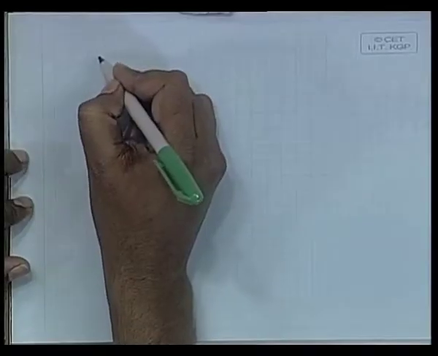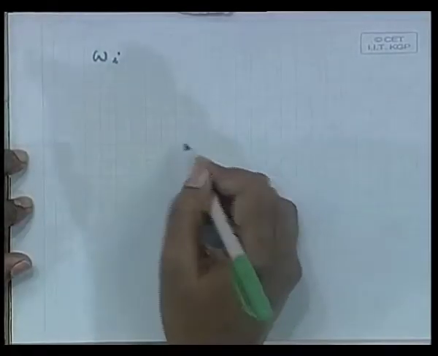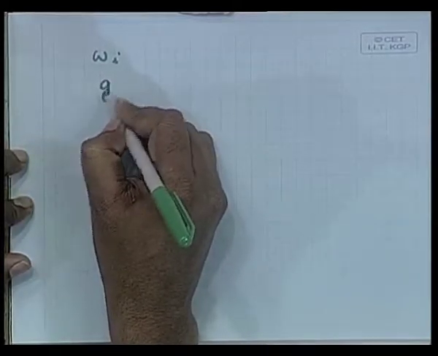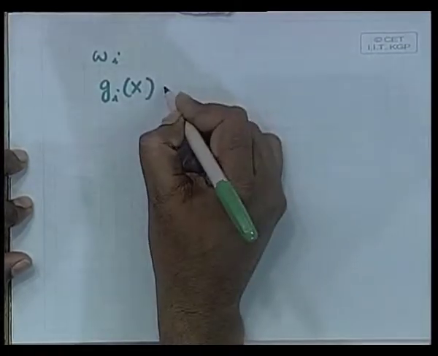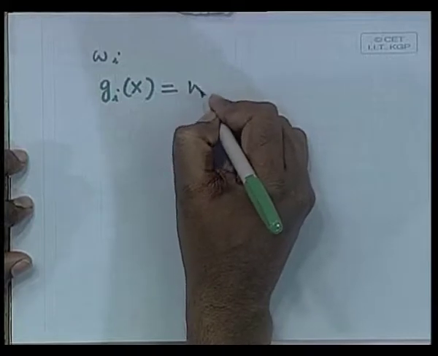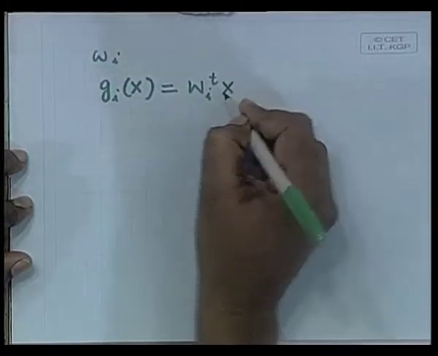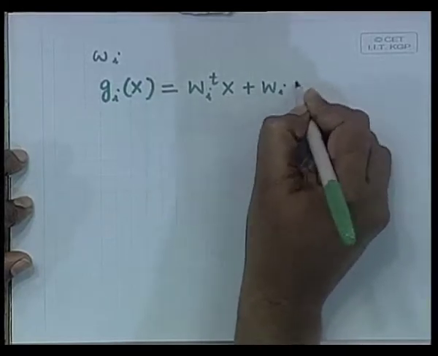Now, the question is how to generalize this to the multi-category case, because in all practical situations we will have multiple classes, not only two. That is the essence of a linear machine that we mentioned earlier. For every class omega i, we have a discriminant function g i of x, which is nothing but w i transpose x plus w i naught.